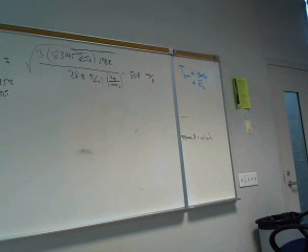The molar mass of nitrogen is 28.02 grams per mole. And then repeat the calculation for URMS of O2.